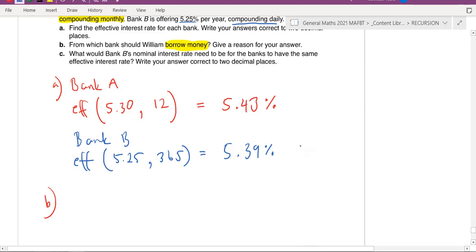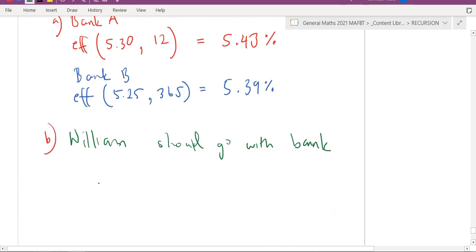So that means you should go with the one that has a lower rate, because if you want to borrow money, you obviously want to pay the bank less money. Okay, so I would suggest that William should go with Bank B. Okay, because he's paying less interest.